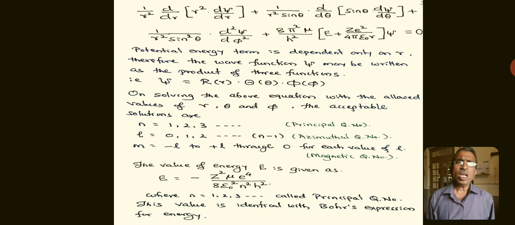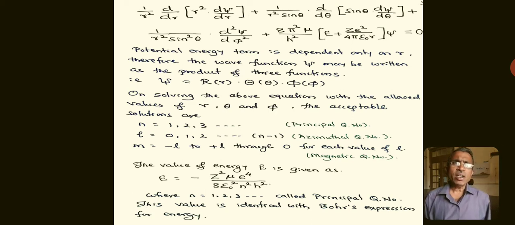The potential energy term is dependent only on r. Therefore, the wave function psi may be written as the product of three functions: psi is equal to R of r, Theta of theta and Phi of phi.